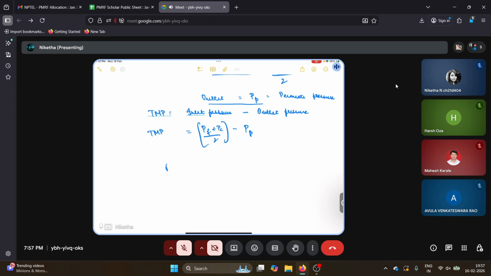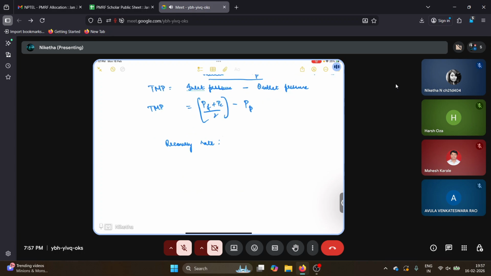Then there is another term called recovery rate. The recovery rate is a ratio of the permeate flow to the total feed flow.